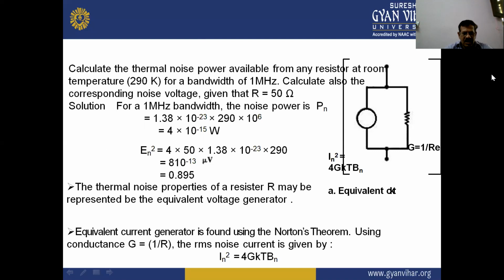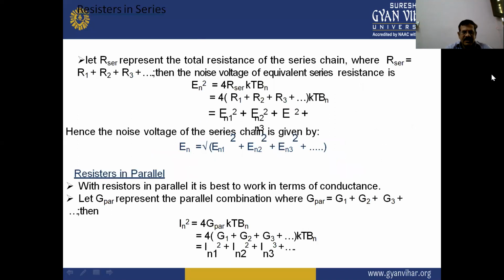So the noise current is given by this formula: In square equals 4GKTBN. Let R represent the total resistance of the series chain, where R series equals R1 plus R2 plus R3 and so on.